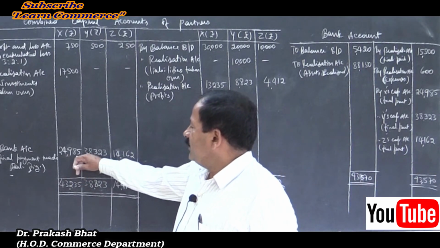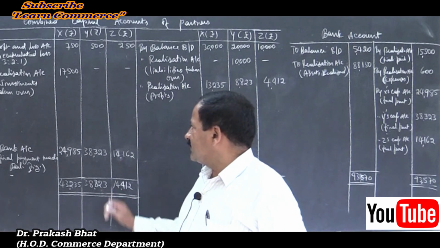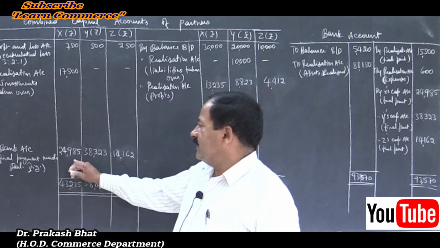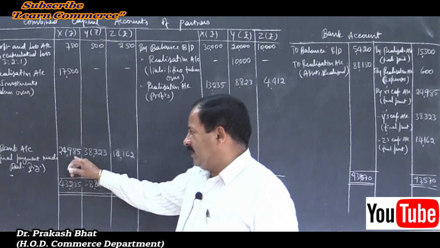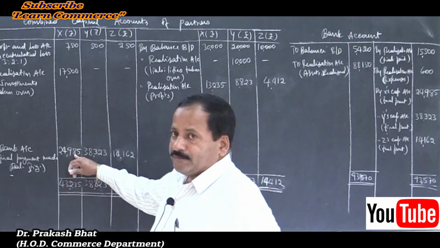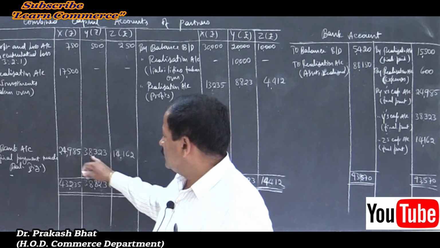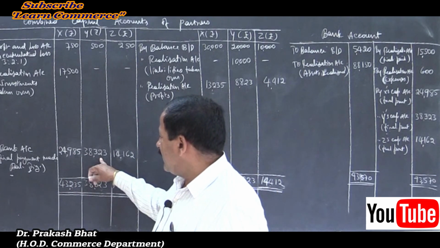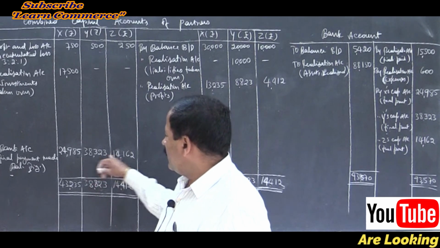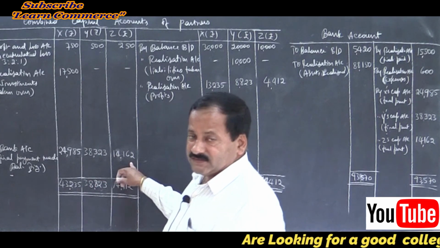Now difference, write the same total on the other side. Difference to bank, final payment made: 24,985, 38,323 and 14,162.